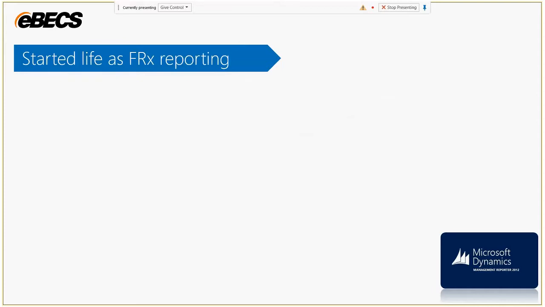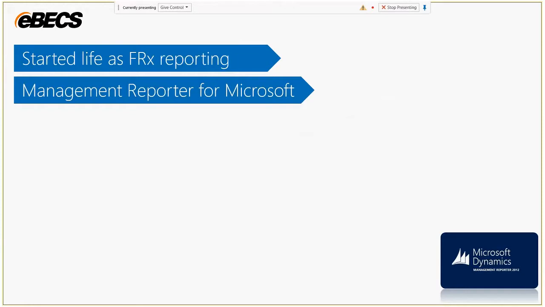The FRX report, as it used to be, was compatible with Sage, and also with Epicor and most of the other accounting packages as well. In, I believe, 2009, Microsoft bought FRX, called it Management Reporter, and used it primarily for Microsoft Dynamics. So they took it away from the rest of the market and used it as their reporting tool.